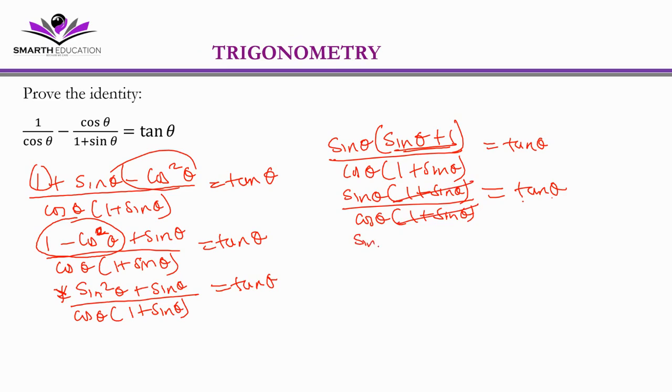We remain with sine theta over cos theta is equal to tan theta, meaning that tan theta is equal to tan theta. Therefore, left hand side equals right hand side. Remember, we started with this part because we've done the other part. Let's do the last method.